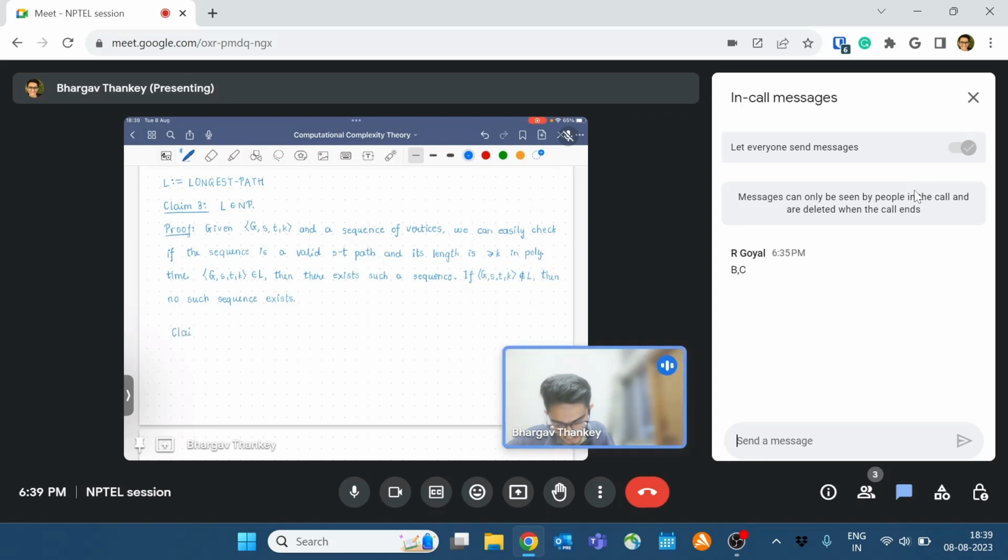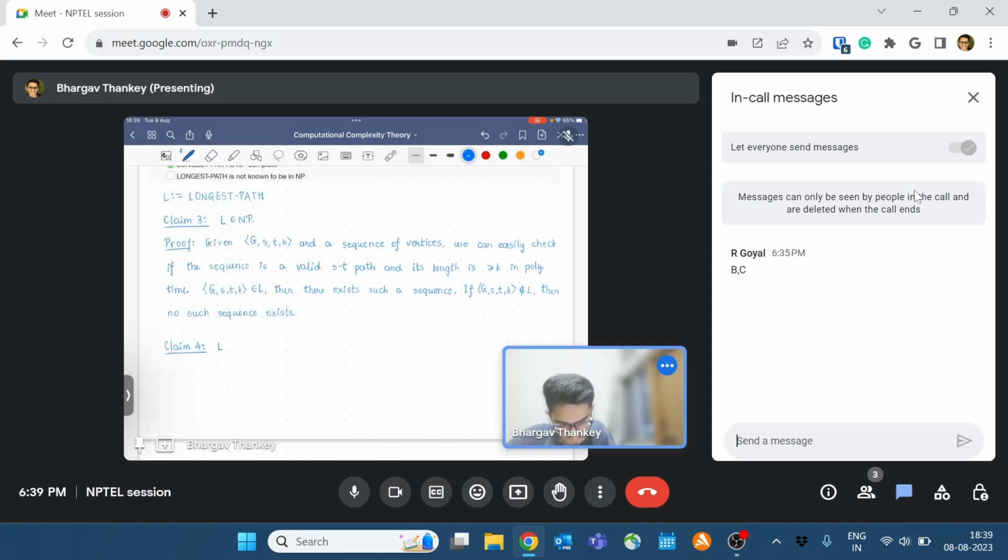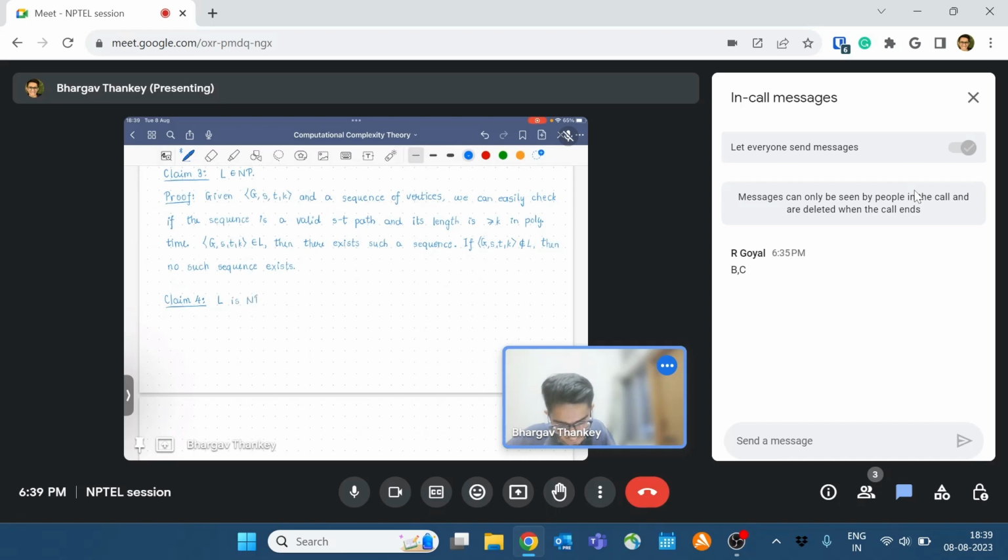Now about NP completeness. This is by reduction from Hamiltonian path.